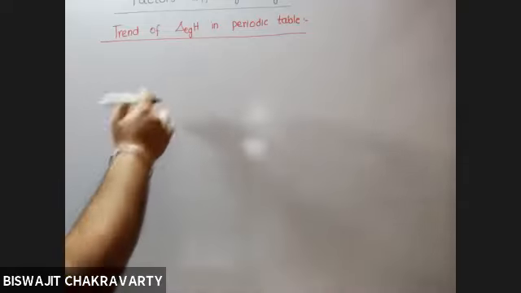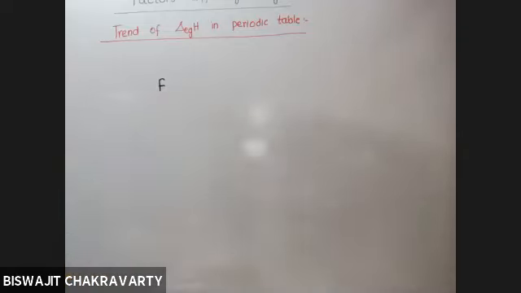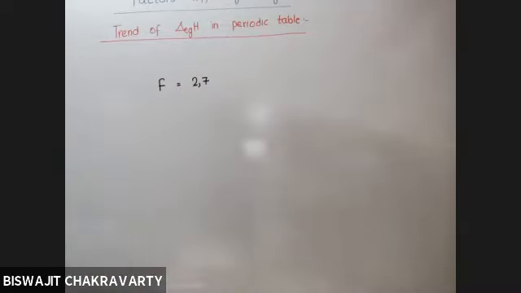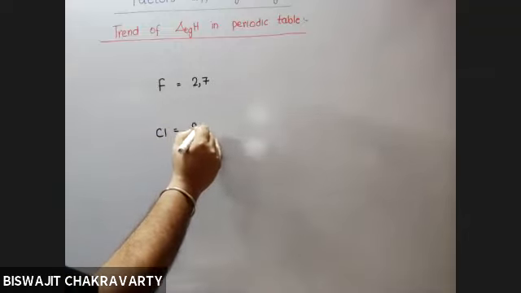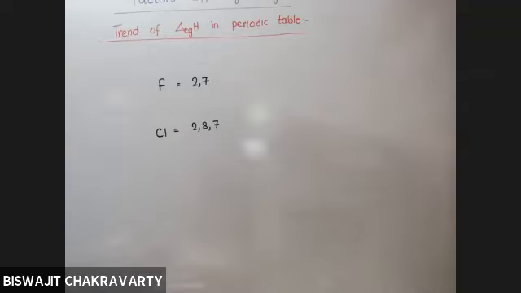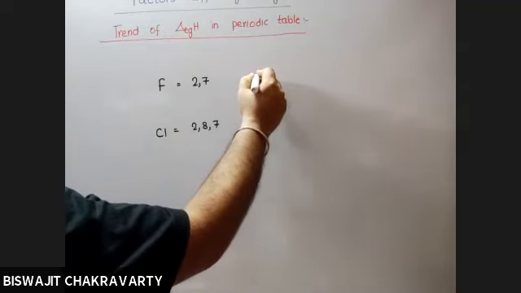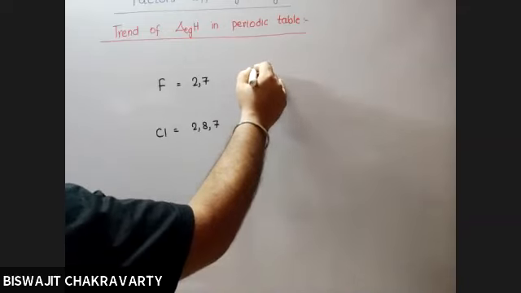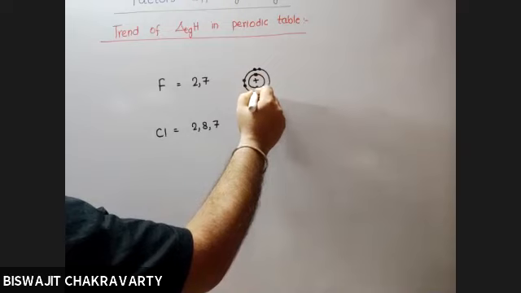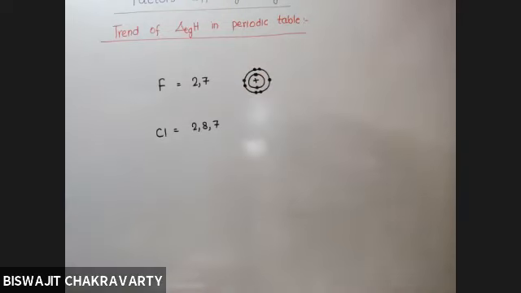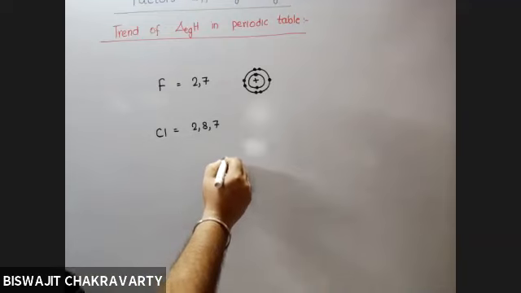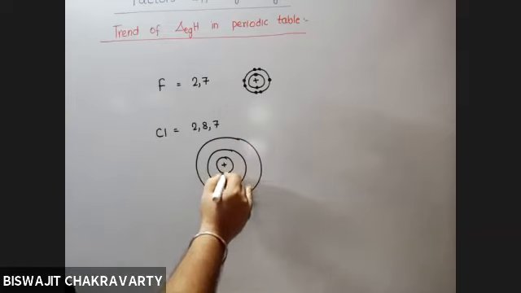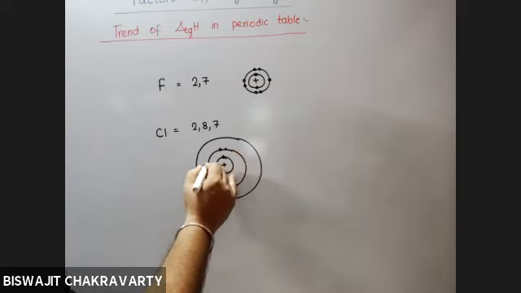You all are familiar with the fact that fluorine has electronic configuration of 2,7 and chlorine has electronic configuration of 2,8,7, which means that the electrons of fluorine are distributed in only 2 shells, whereas the electrons of chlorine, even though large in number, are distributed in 3 shells.